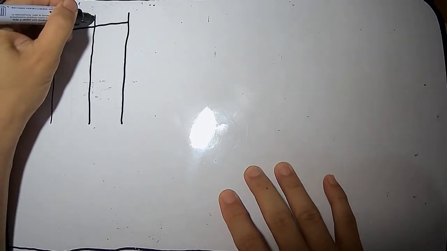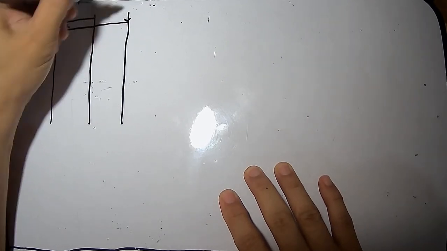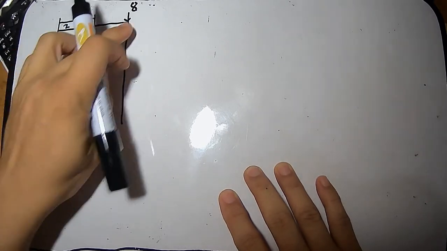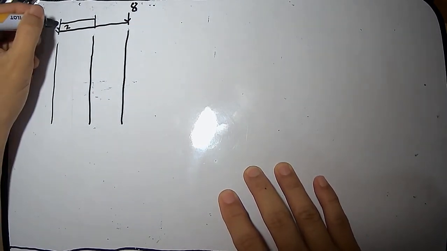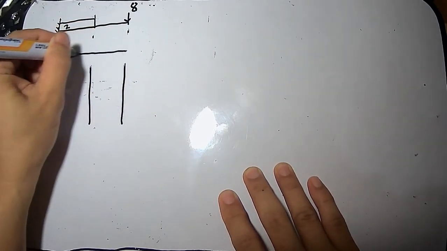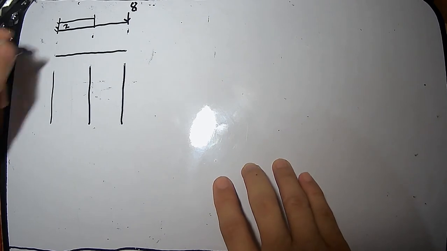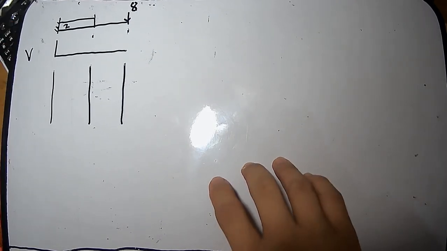So, this is 2 kilonewtons simply supported, and then we have 8. Okay? So, gawa tayo ng line. We start with the reaction. We are now drawing the shear diagram.